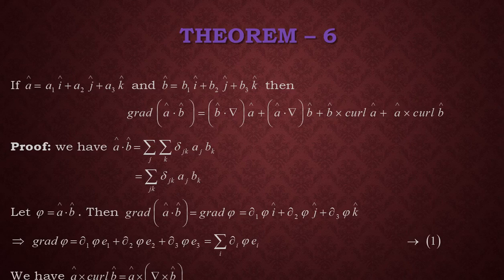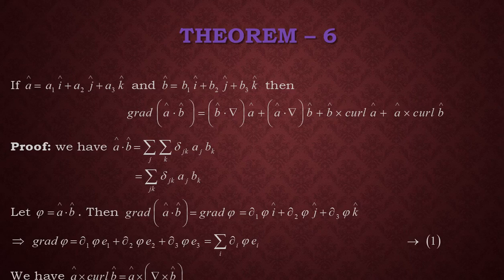If we observe the given vector identity, gradient of A cap dot B cap equals B cap dot del times A cap plus A cap dot del times B cap plus B cap cross curl A cap plus A cap cross curl B cap, it has 4 terms on its RHS.